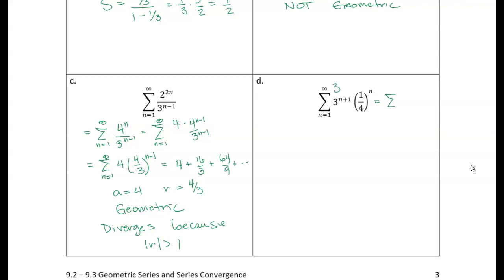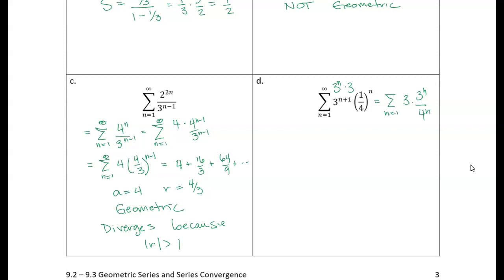I can write that as 3 to the n times 3. Or I could flip it around, and write 3 times 3 to the n. It's probably easier that way. So if I take 3 times 3 to the n over 4 to the n, right? Because 1/4, 1 to the n is just 1, and then I could write this as 1 over 4 to the n.